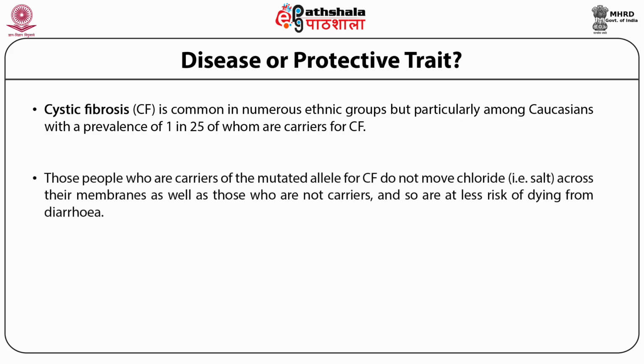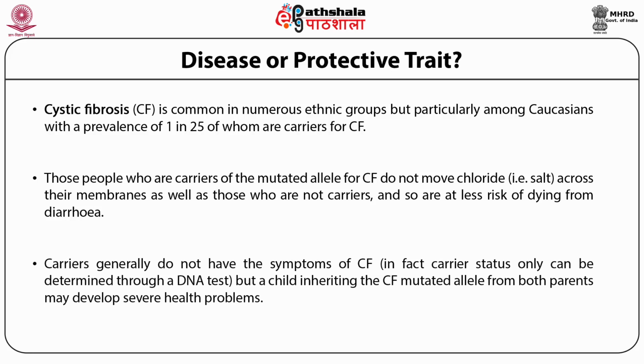Carriers for CF, in whom chloride, that is salt, movement was not found across their membranes similar to those of non-carriers, are at a reduced rate of mortality from diarrhea. When cholera and dysentery were endemic, carriers of this mutation may have become beneficial over many thousands of years of evolution.